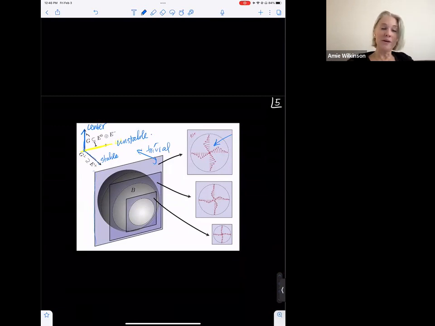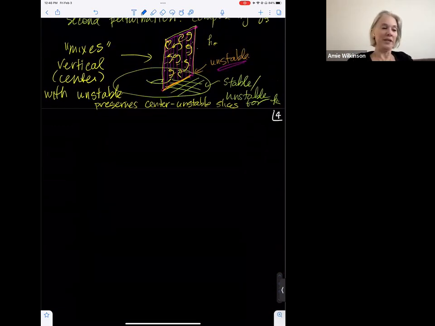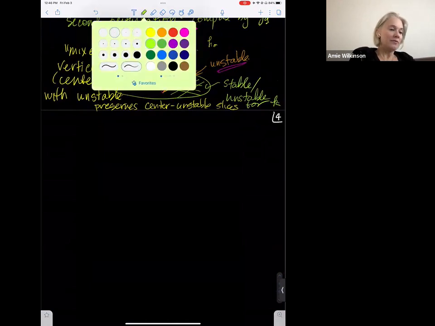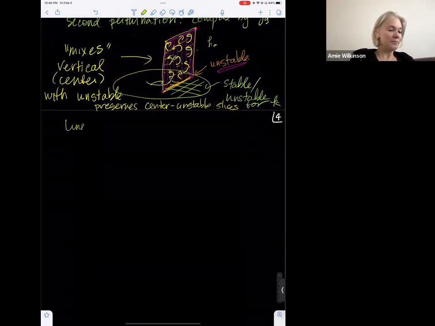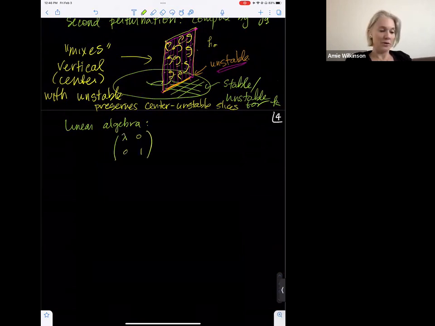All right. Well, what does that do? Well, think for a minute just from linear algebra. What you're essentially doing is taking a map that maybe looks like lambda 0, 0, 1. Okay, this is just in the center unstable direction.